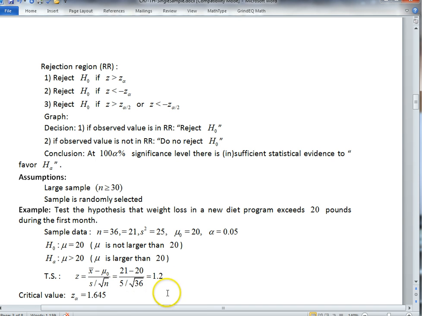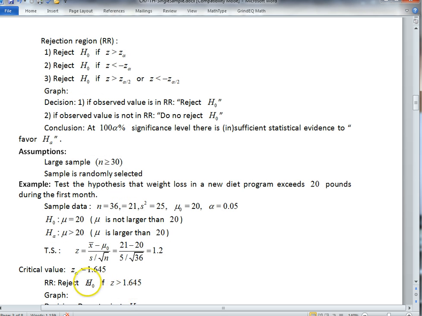So what's the critical value we're going to compare with? This is a one-tail test. Alpha is 0.05, so I'm looking for Z alpha, or Z 0.05, and from this Z table, or from those four or five numbers we already talked about before, we know that Z 0.05 is going to be 1.645.